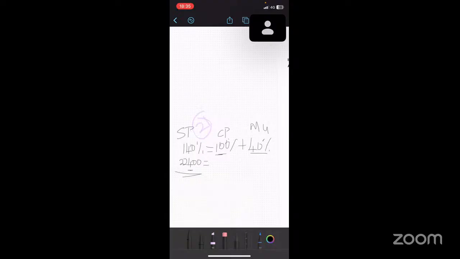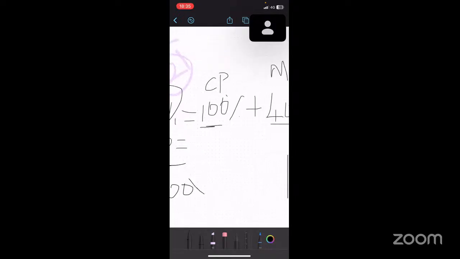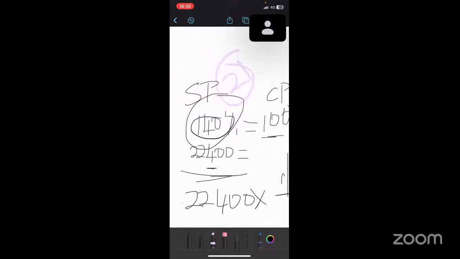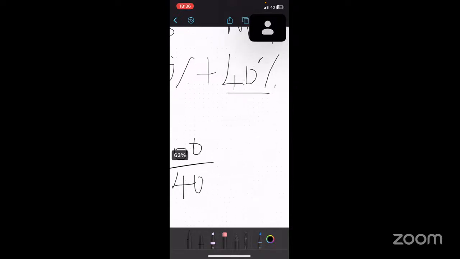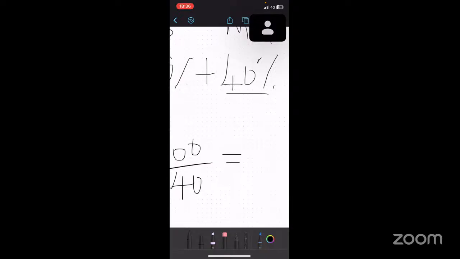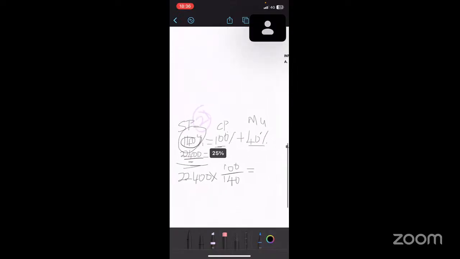Because this amount represents 140%, this is how we're gonna do it. We're gonna say 22,400 multiplied by 100 divided by 140. Then we're going to get a cost price. How much is it? 16,000.